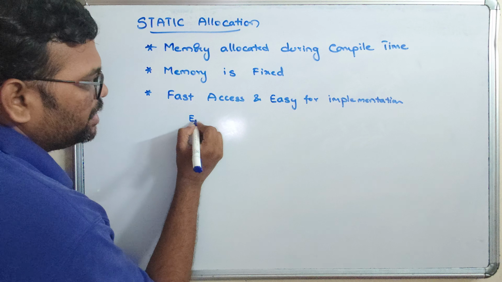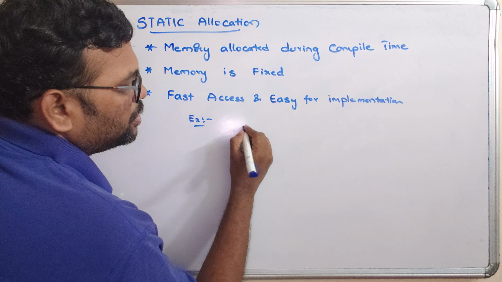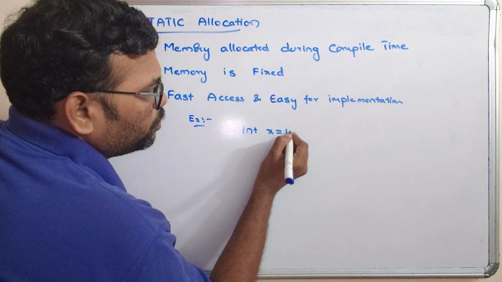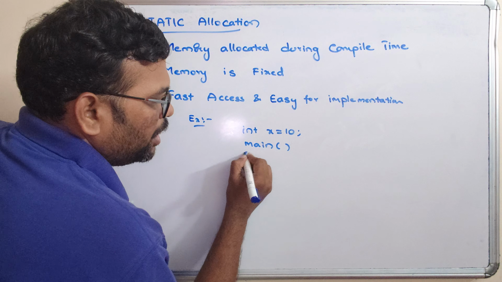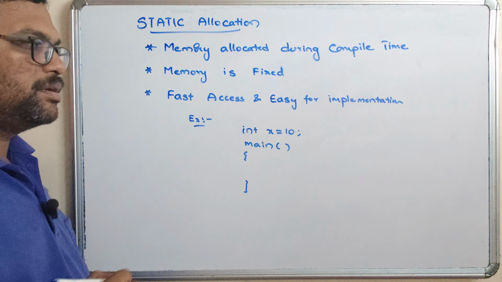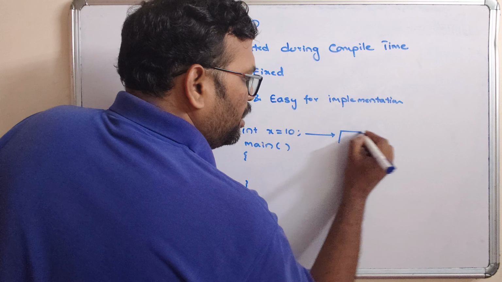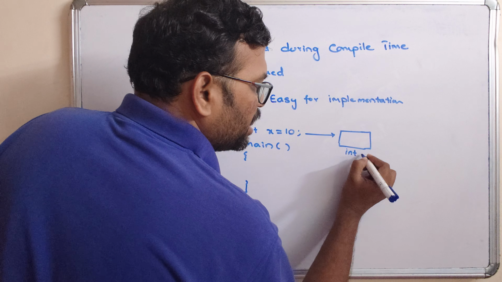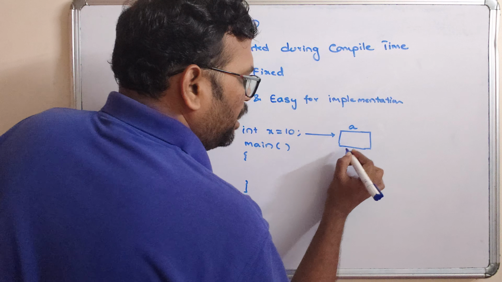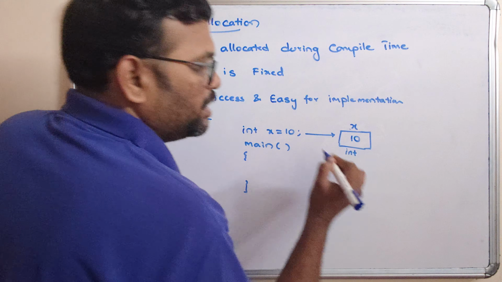Let us take this example. int x = 10 in the main function. So the memory will be allocated for the integer data type. This is an integer data type with a name x, and it will hold the value 10.